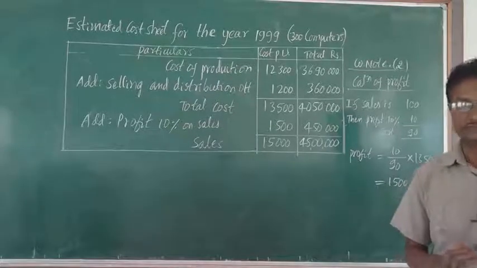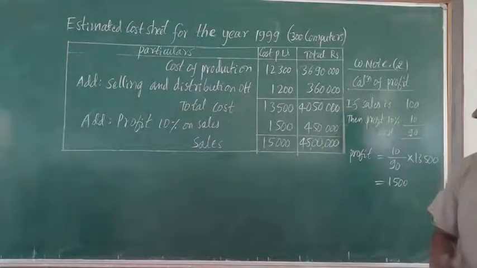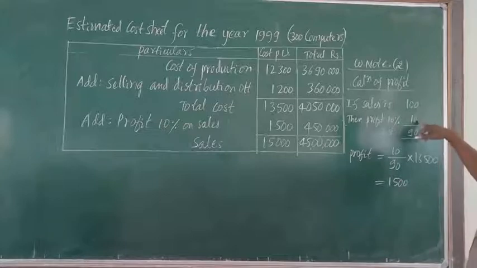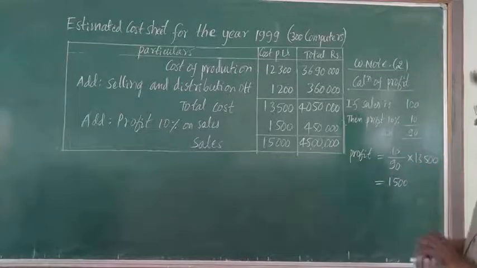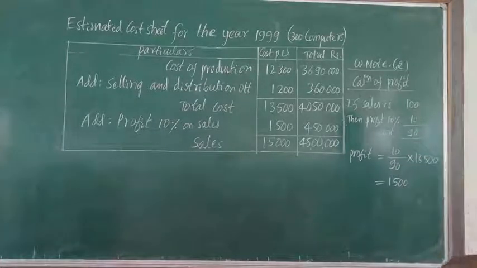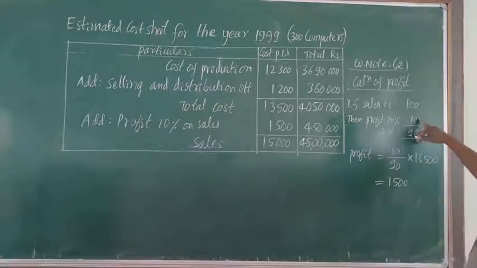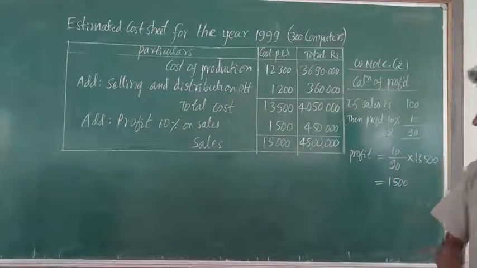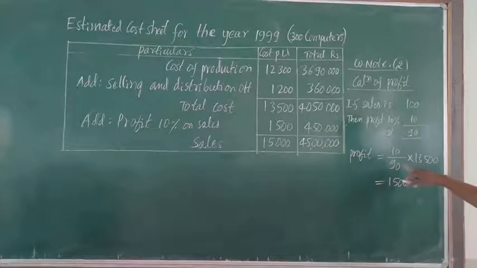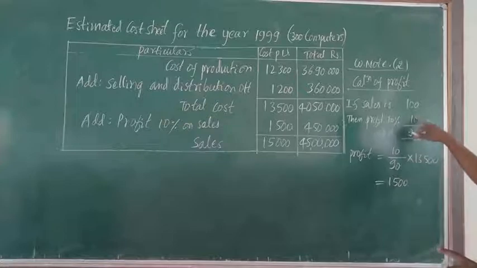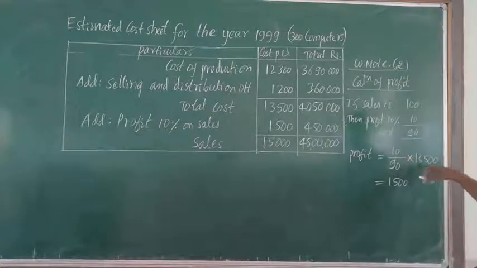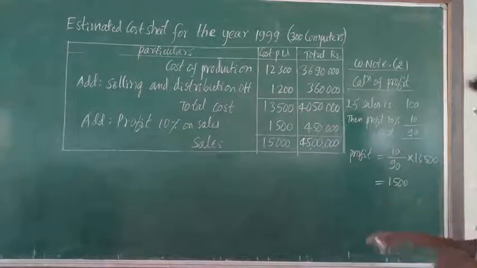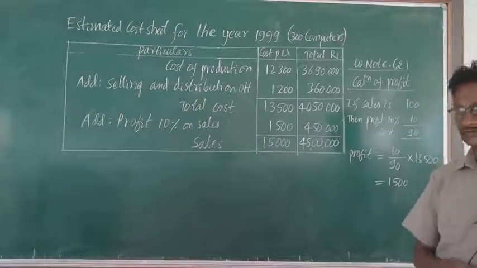Deduct profit from the sales, you get cost. Sales 100 minus 10 rupees profit, the cost will be 90 rupees. So the relation is, when cost is 90 rupees, the profit is 10 rupees. What for 13,500 cost? We get 1,500 rupees.